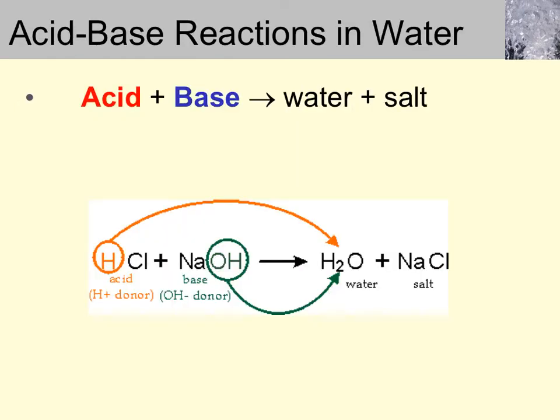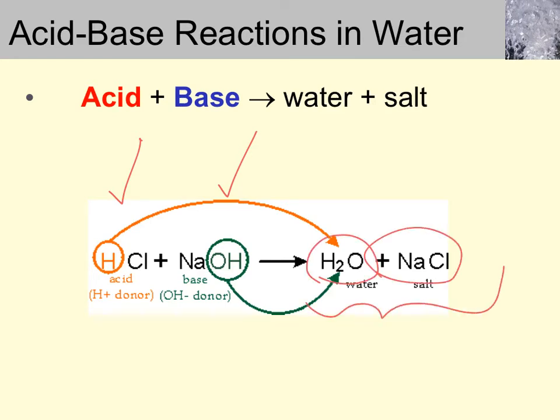Let's look for a minute at acid-base reactions. If you put an acid into water, it's in effect an acid-base reaction because water can act as an acid or base. But now I'm talking about strong acids and strong bases where water is not the preferred reactant. So if you have a strong acid and a strong base in water, what you are going to make is water and a salt.